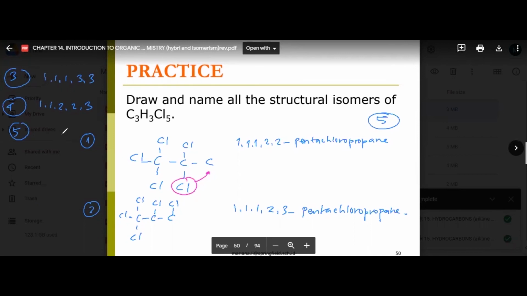And the 5th, 1,1,2,3,3. Okay, if you can find all the 5 isomers without help, you are good in isomerism theory. Okay, so we are done with structural isomerism. Thank you for your attention and see you again. Bye-bye.